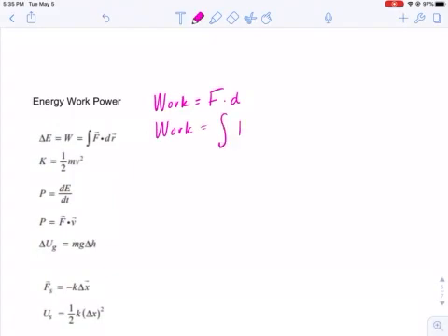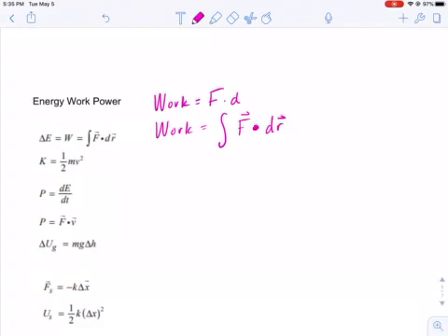So let's look at an example of that. If I have a suitcase and I pull on it with a force like that, and the force is not parallel to the distance that I travel, so there's my theta, and I move the suitcase this distance.